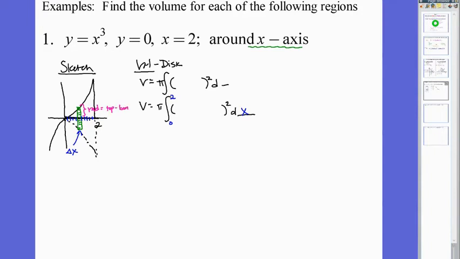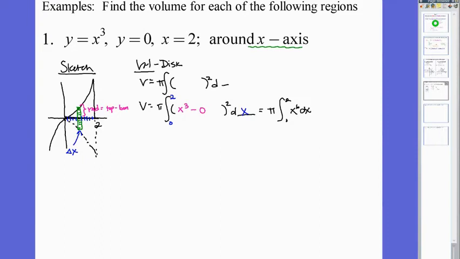The top equation was x cubed. And the bottom equation is 0 because that represents our x-axis, and our x-axis has a value of 0. So then you just need to finish the problem. So this is pi integral 0 to 2. x cubed minus 0 is x cubed, and x cubed squared is x to the 6th.